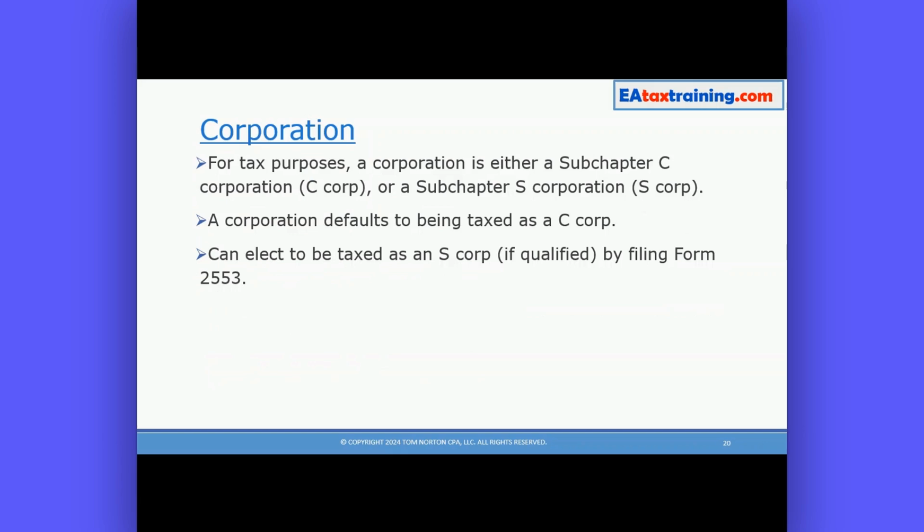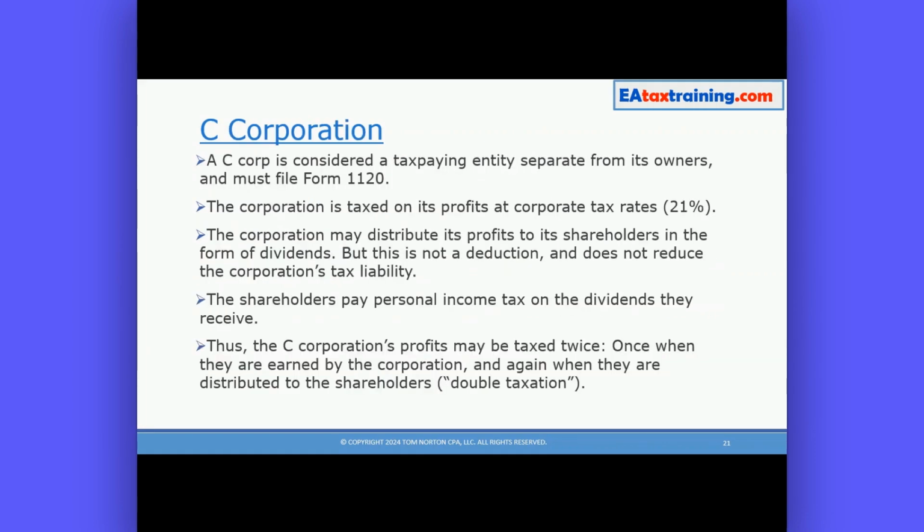In other words, if you don't file any special forms with the IRS, and you have a corporation and you start doing business, then the default is that you will be taxed as a C corp. However, if you want to, you can elect to be taxed as an S corp by filing Form 2553.